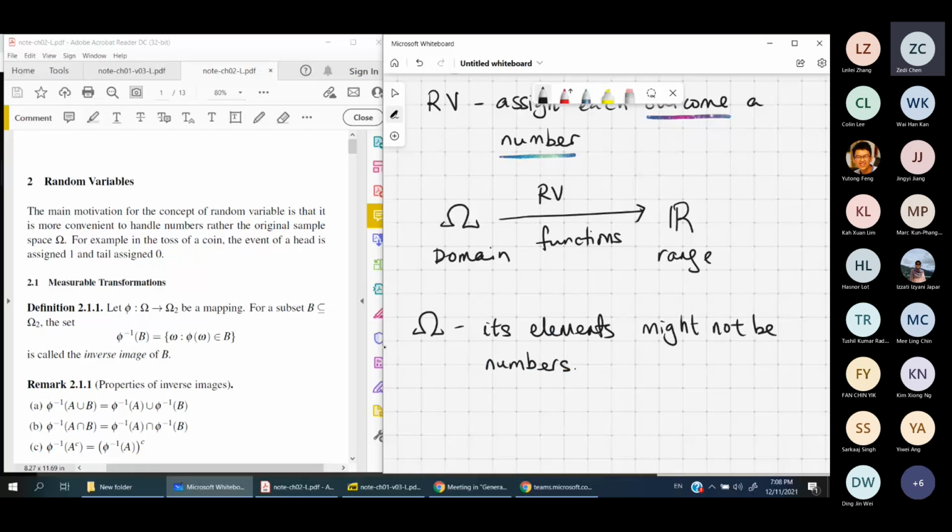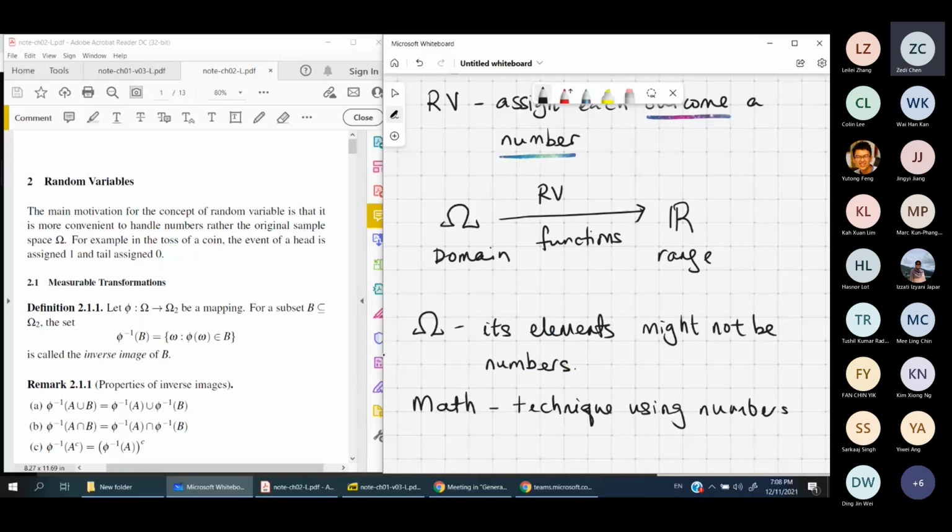And we know math is a technique using numbers. Actually the formulation of mathematics uses numbers, right? So if omega is something that is not a number, it's very hard for us to apply the theory or the formulas or techniques of mathematics to solve our problem.